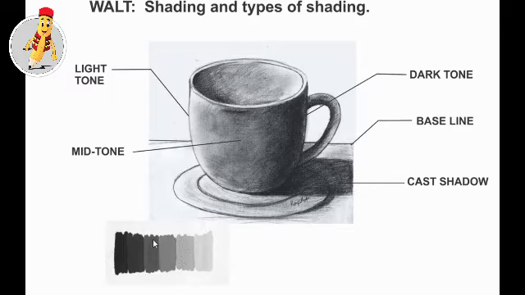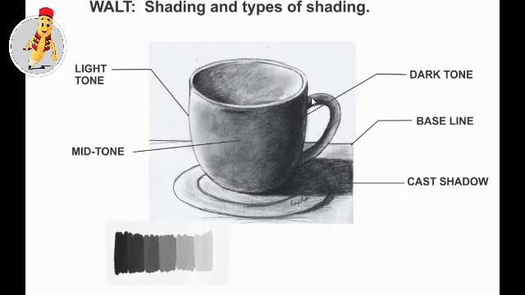Then the dark tones are the darkest part of our object. It means the part of our object that receives the least light, assuming that the object is placed in a position where it's receiving light from just a single source. Probably you put a bottle beside the window, and the light is hitting the bottle on one side and casting a shadow on the other side.